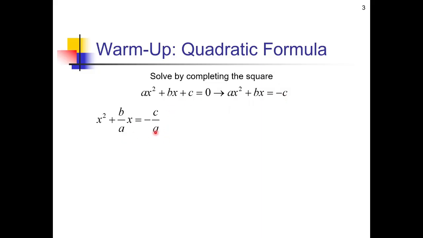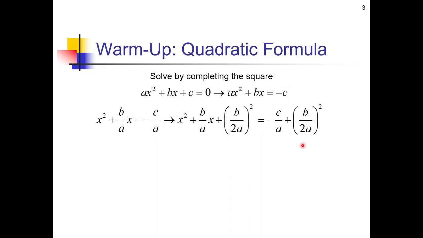And things are getting delightful in the early going here. Next up, we're going to complete the square on the left side. So we have to take half of this x coefficient. Half of b over a is going to be 1/2 times that, so that's going to be b over 2a. So we're going to do b over 2a squared, add that to not just the left side, but also the right side.